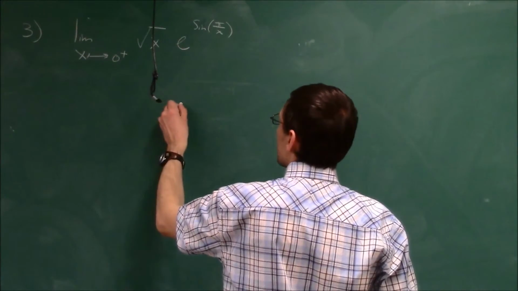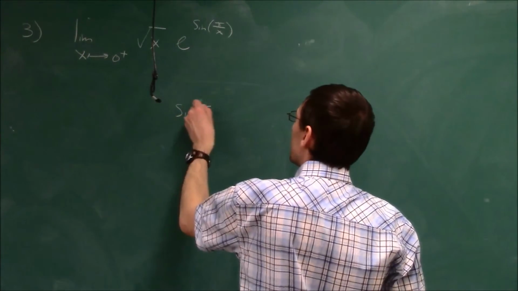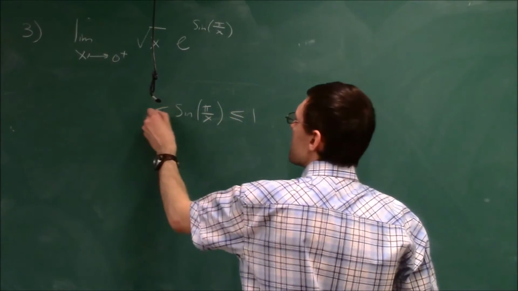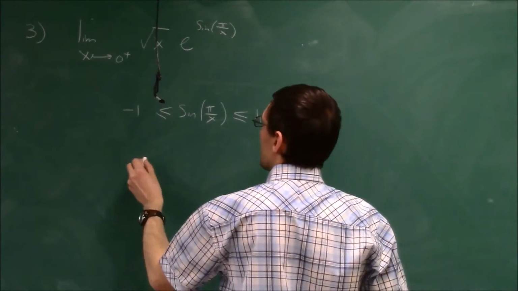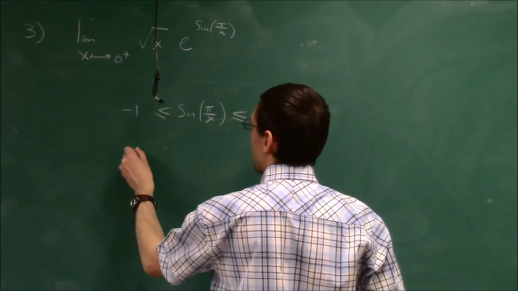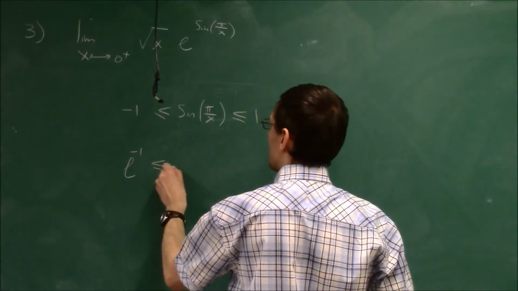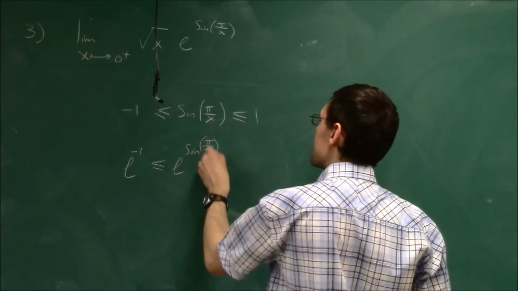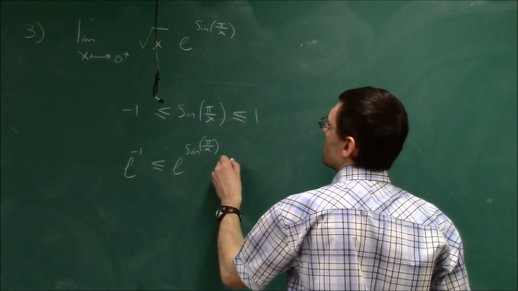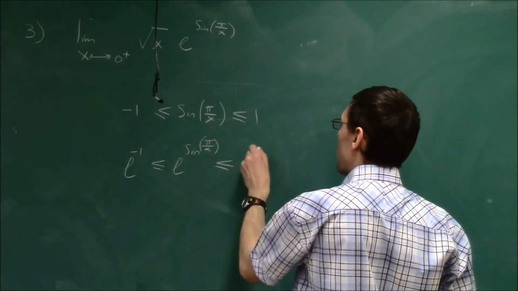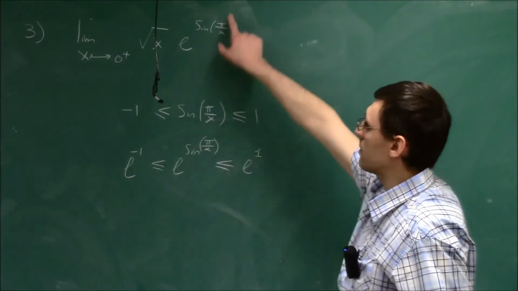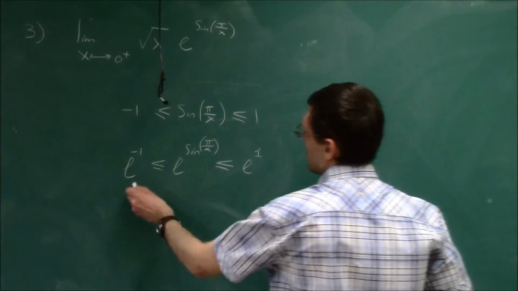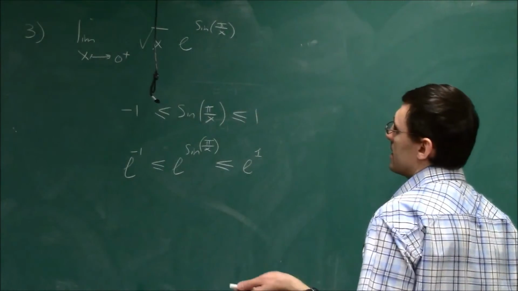We see that sine of pi over x is between 1 and minus 1. What does it mean? It means that e to the power of minus 1 is less than or equal to e to the power of sine pi over x, which is less than or equal to e to the power of 1. What I'm again trying to do is engineer the original function out of those inequalities and thereby squeeze the original function between two functions that I can easily control.